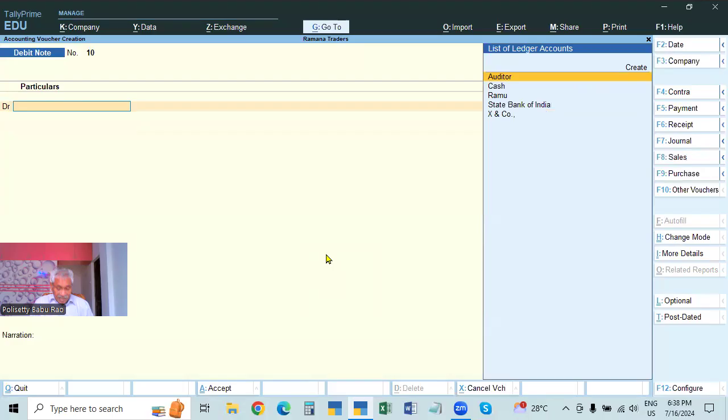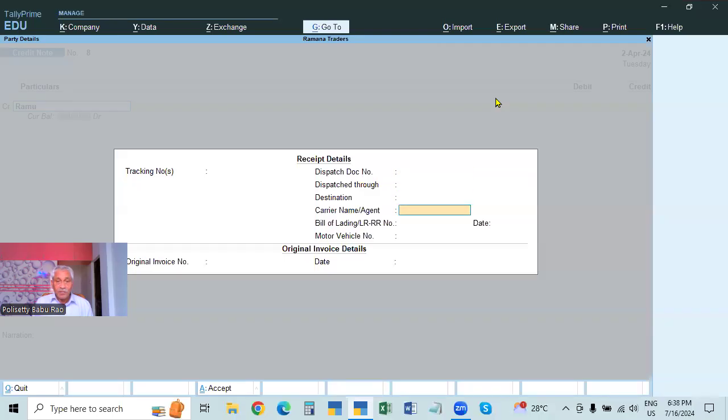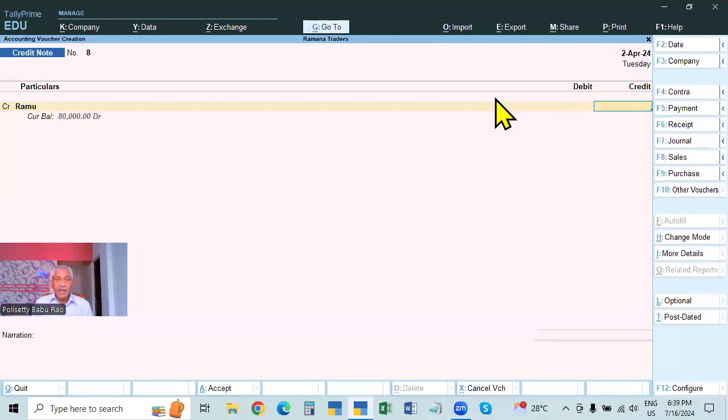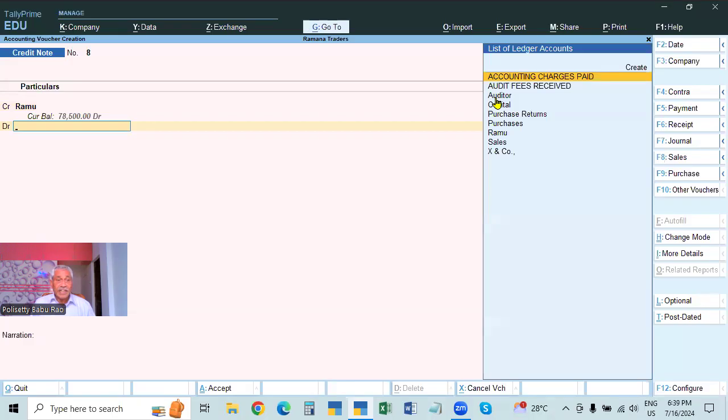For example, sales returns means Alt F6. We sold to Ramu, so we are receiving. In the double entry method, we are receiving sales returns, and the giver is Ramu, he is giving. For this also, the number is 7, but remember that number. For example, 1500 sales returns we are getting, and the debit is sales returns.